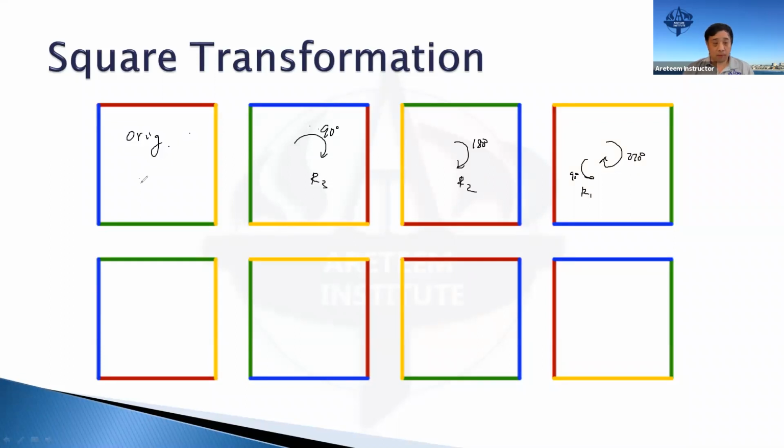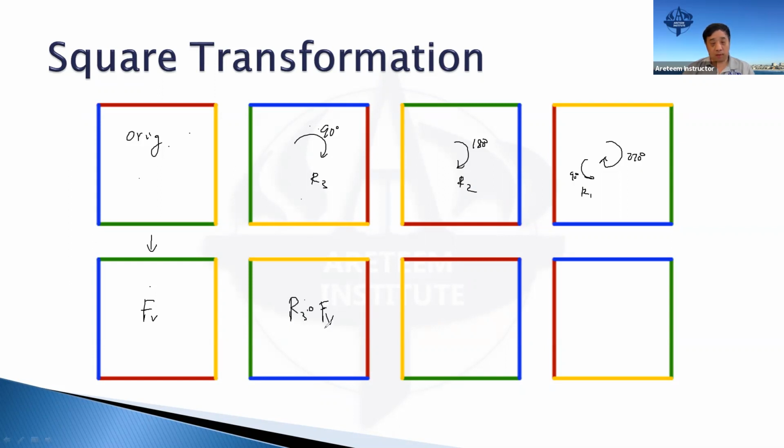And from here to here, it's a reflection. You flip vertically. So from that to here is a flip vertically, which means R3 composed with the flip.